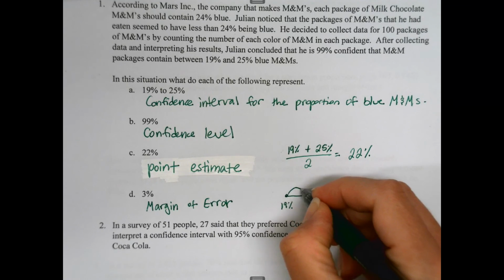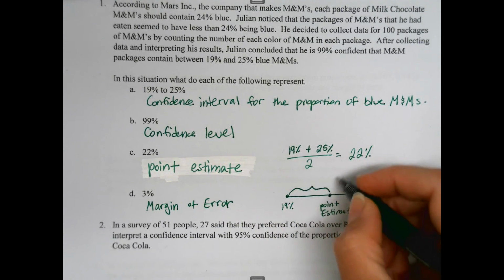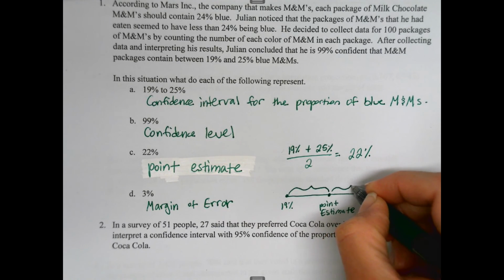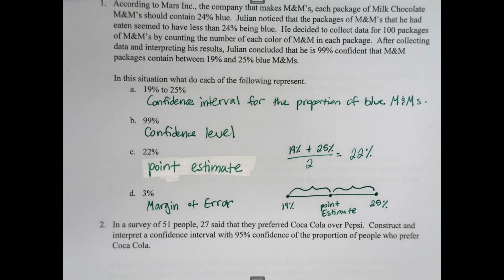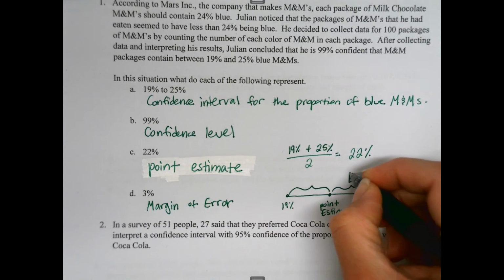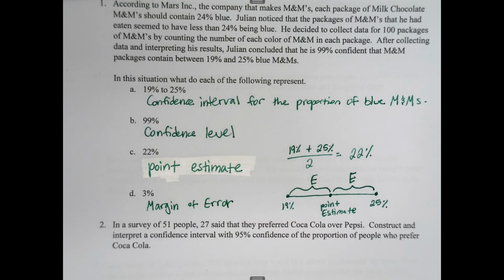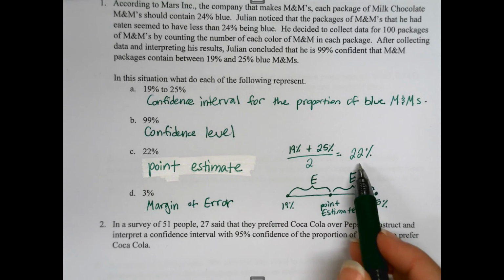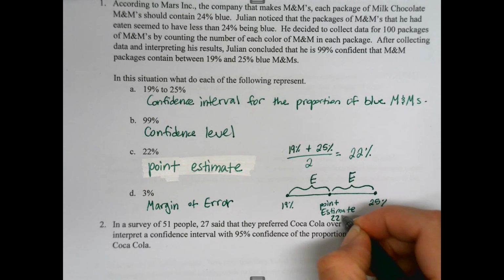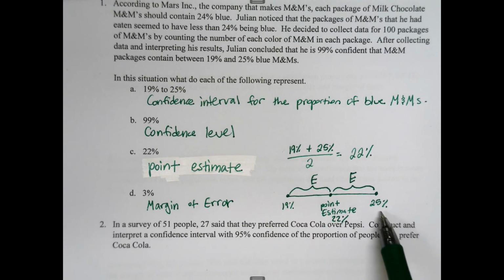And then the distance from 19% to our point estimate and the distance from the point estimate to 25% or to the upper interval, that is your E, or your margin of error. Therefore, 19 to 22, since this part is 22%, is 3, and then 22 to 25% is 3.